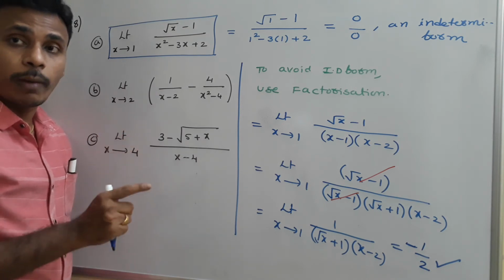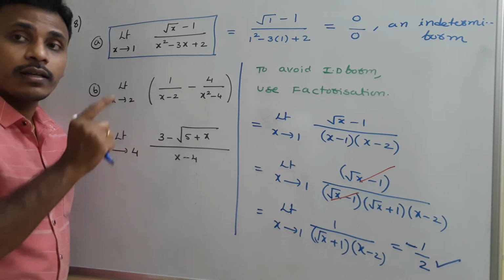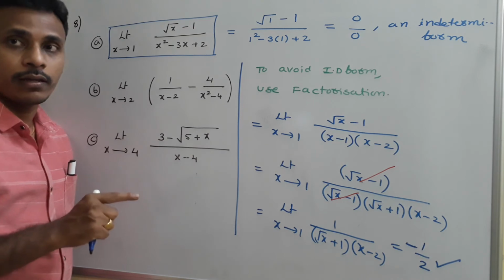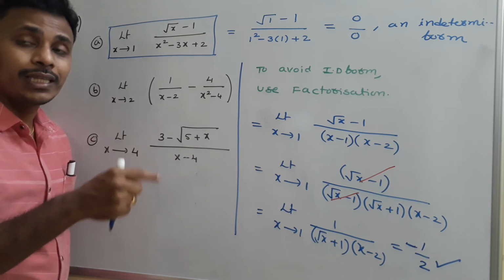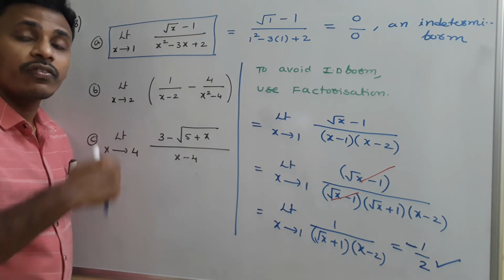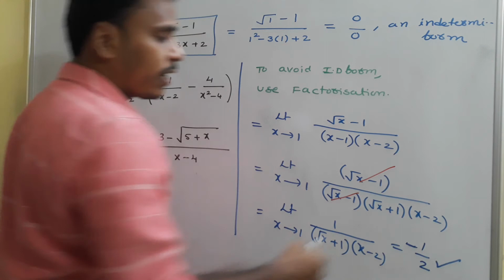But the values to the left of 1 and the values greater than 1 are all included in the domain. So in that range of domain, less than 1 as well as greater than 1, the functional values are in the neighborhood of minus 1 by 2.